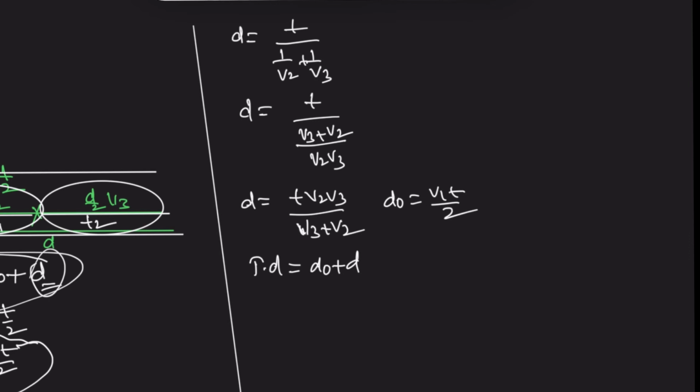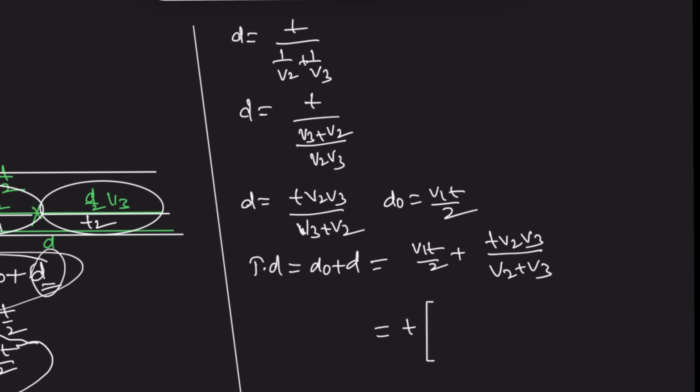So what is d naught? d naught is v1 t by 2 plus what is d? t v2 v3 by v3 plus v2, that is nothing but v2 plus v3. So in both terms t is common.